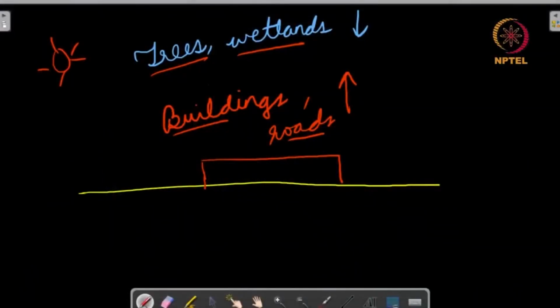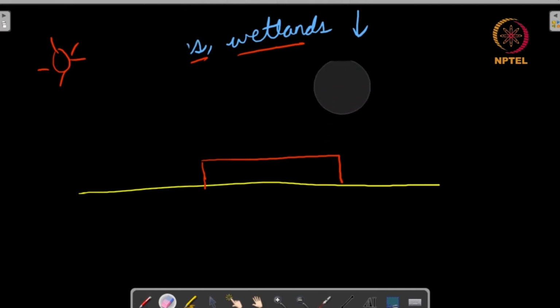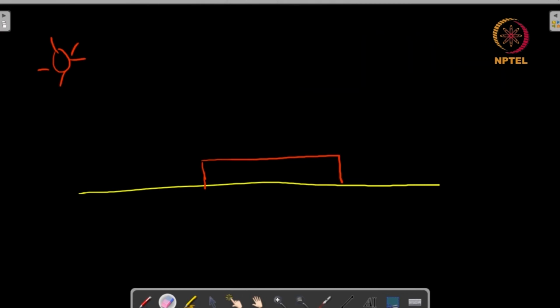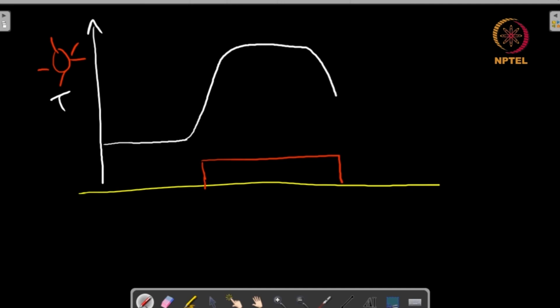So if we make a temperature profile, it will look like this. Here we are plotting the temperature, and the temperature in the surroundings will be average, but then the temperature here will rise, then it will fall again here. So this now looks like an island on a temperature chart. So this is an urban heat island.